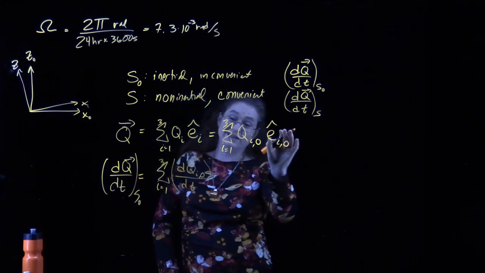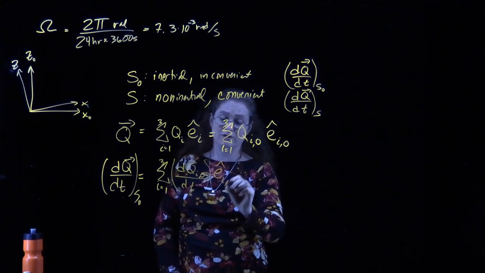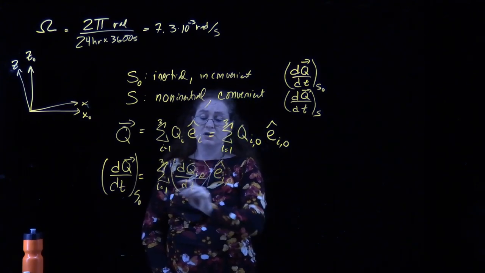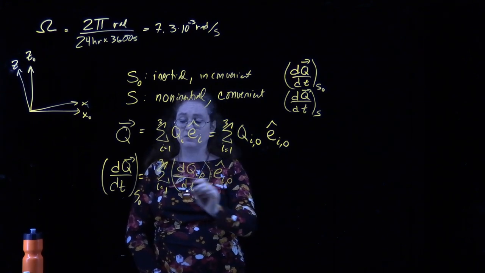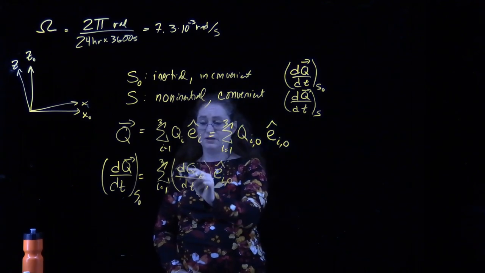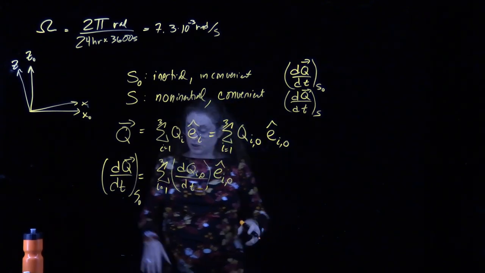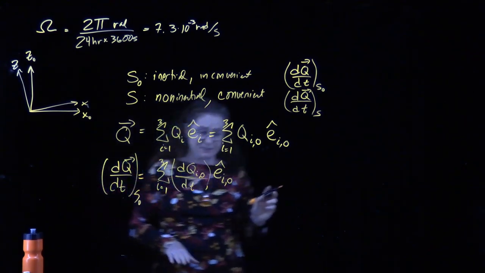And now these are just constants. Now they happen to be constants which are vectors, but they are just constants. So this is just how we would express the derivative of q in the S naught frame.